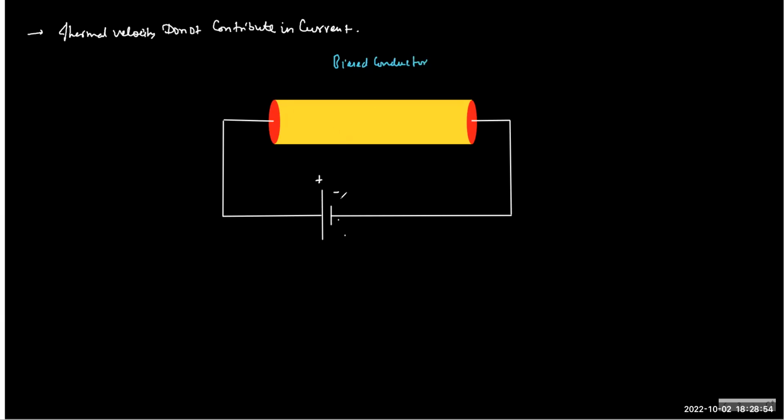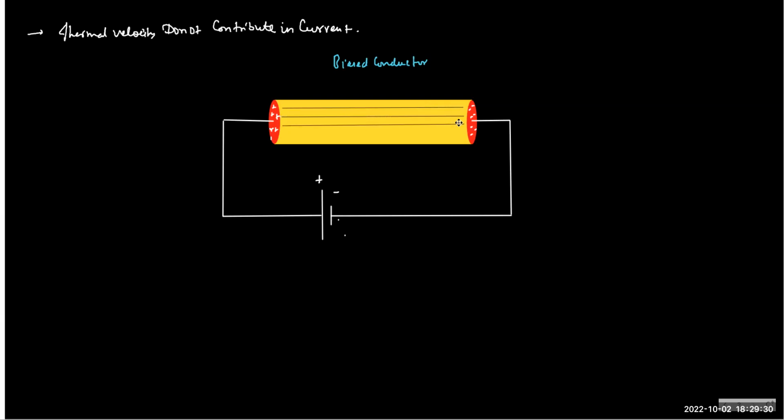So the moment you have a biased conductor, in a way you can think that this part is now kind of positively charged. This is negatively charged. And now this will create an electric field across the length of the conductor.